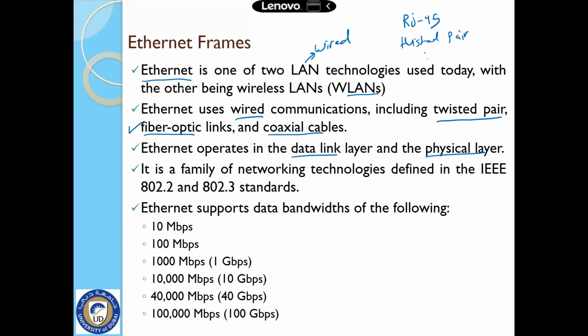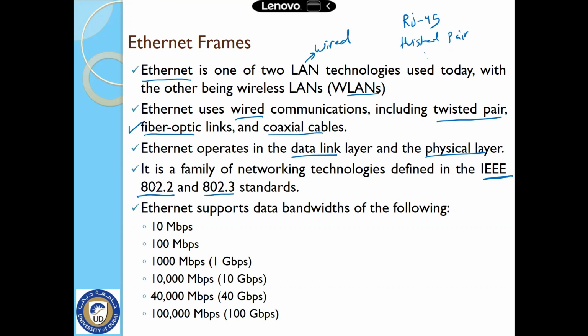So in terms of protocols or technology, Ethernet falls in the family of the IEEE. Remember, IEEE is the association that does the regulatories regarding networking. So the protocols associated to the Ethernet are 802.2 and 802.3.